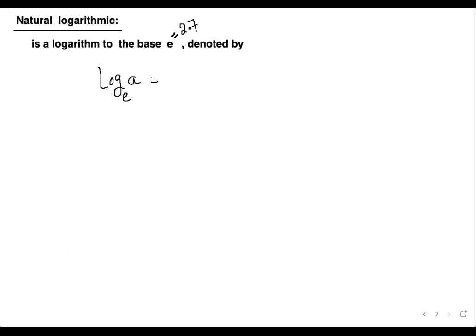You should know that the logarithm of a to the base e is exactly equal to ln of a. Again, logarithm of a to the base e is equal to ln of a. We change the log function to ln of a.